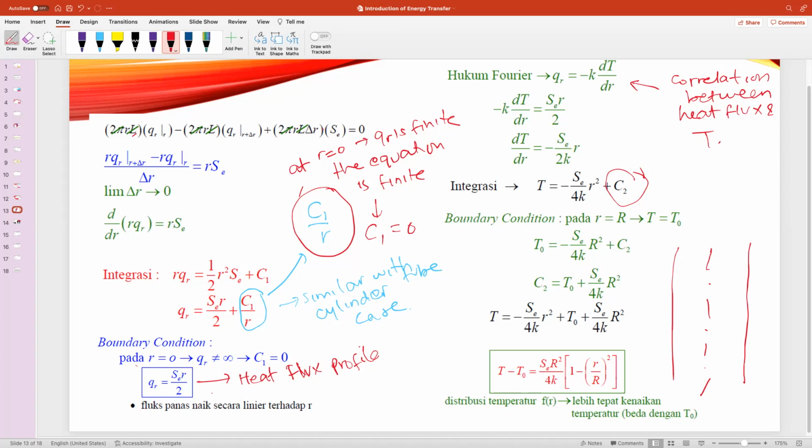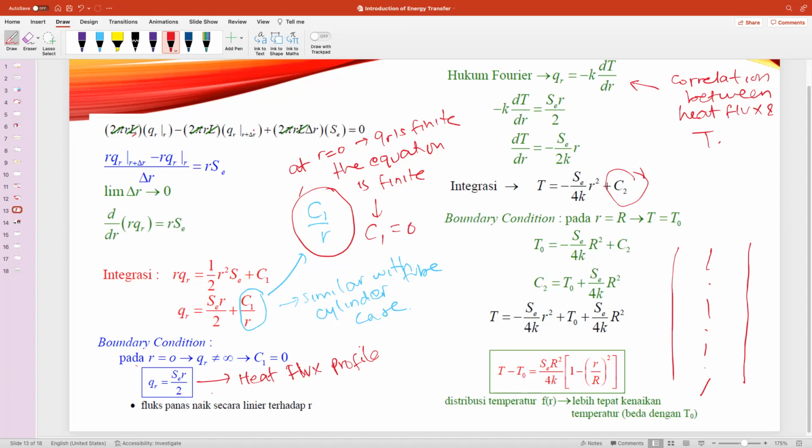If Se is 0, then this would be equal to 0. So there is no Q and no temperature distribution. The temperature inside would be T0, and outside would be T0 as well.